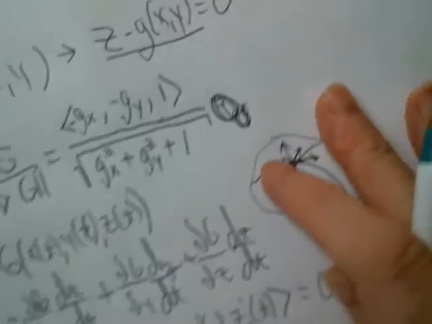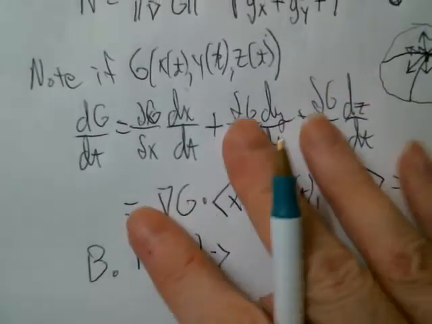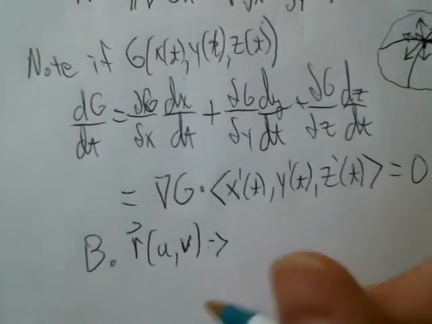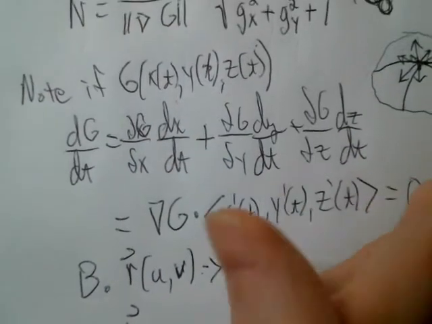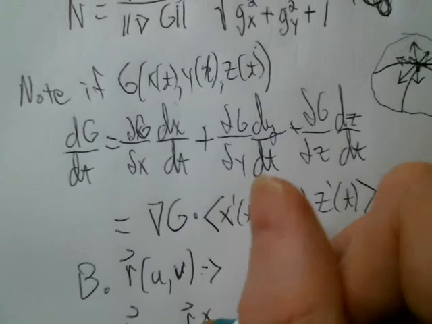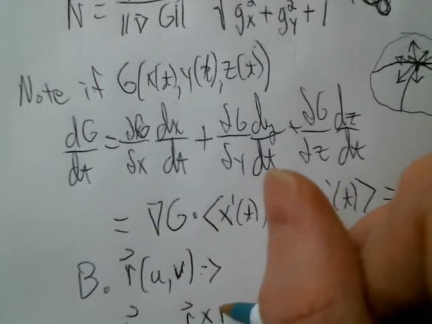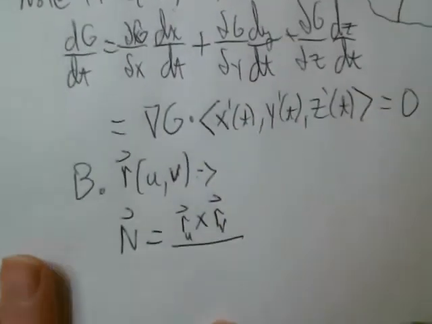So I don't want to go through this humongous derivation. I'm just going to give you the formulas. The normal vector is going to be r sub u cross r sub v all over its magnitude.